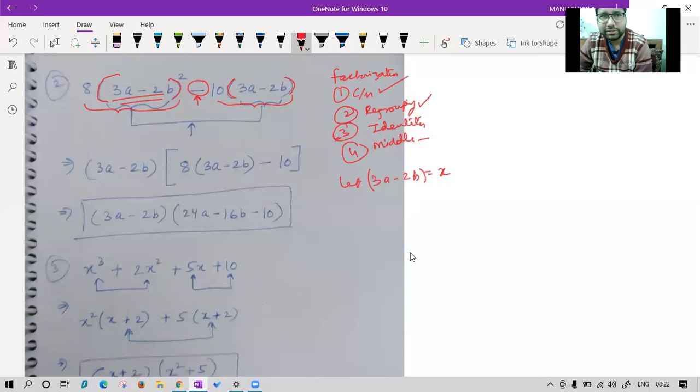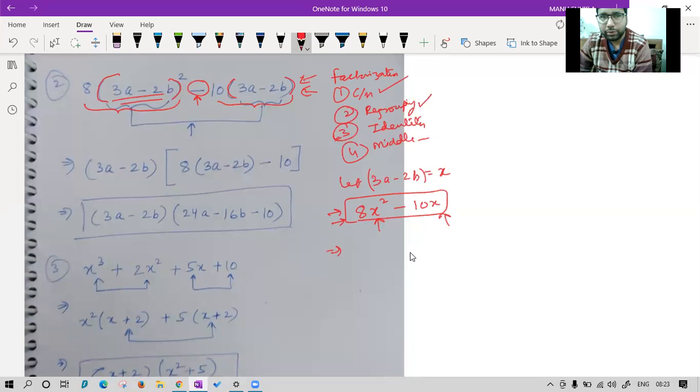Now the question becomes very easy: 8x square minus 10x. Class, is this easy, or were you able to solve only the first one? If you are having any issue with such large quantities, you can always assume simple symbols. So I have taken 3a minus 2b as x, and now you can see this is the question.